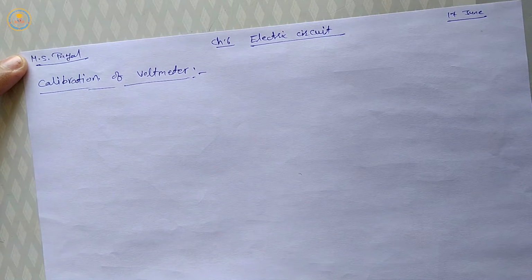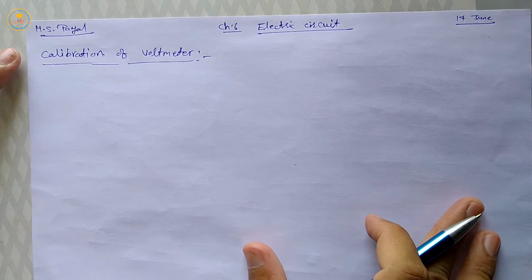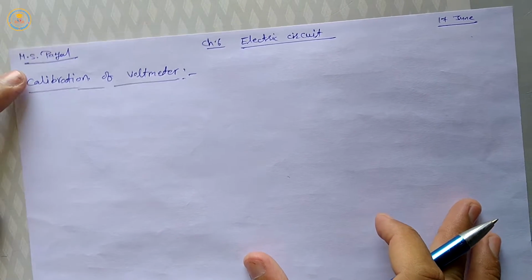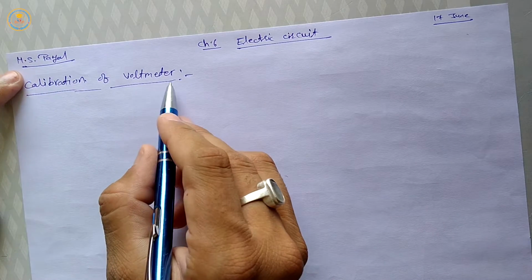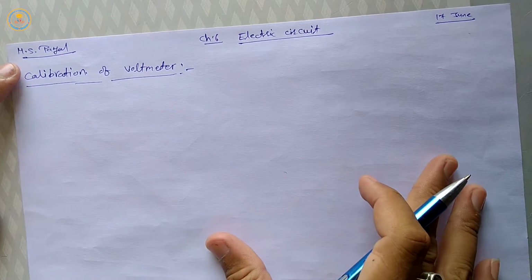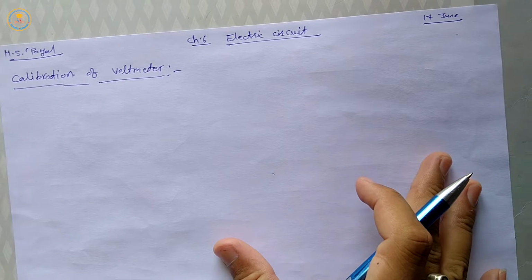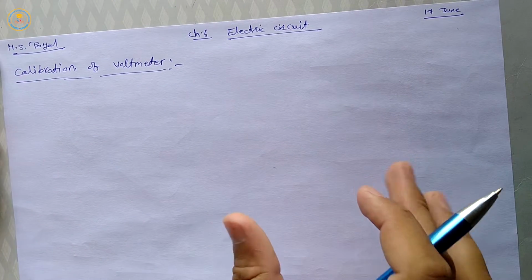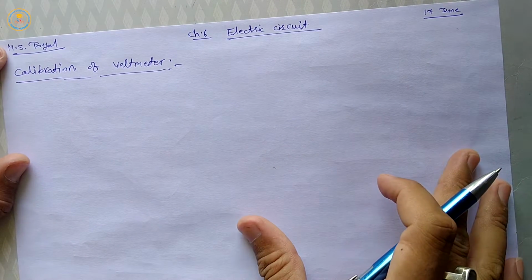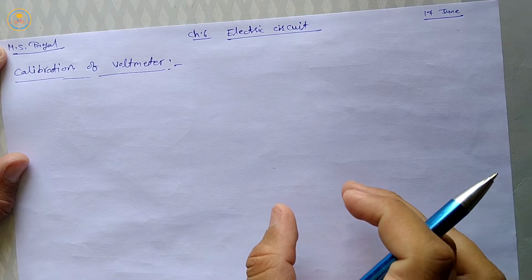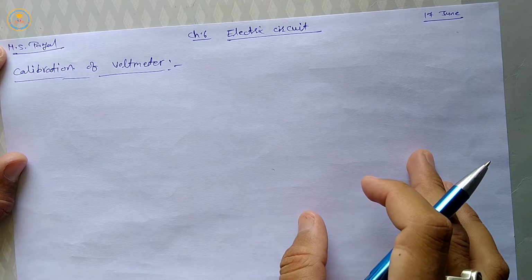Firstly, we discuss what is calibration of voltmeter. We know that by the help of voltmeter, we measure the potential difference between two terminals in an electric circuit. But this observation is errorful.